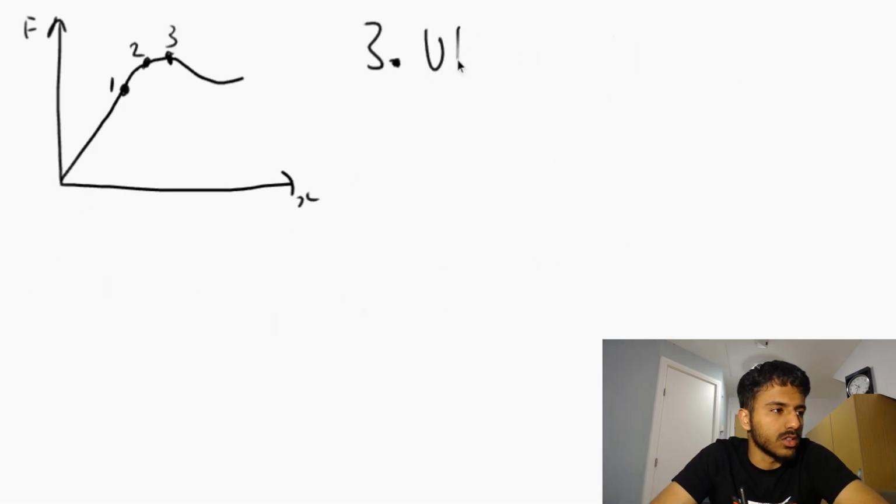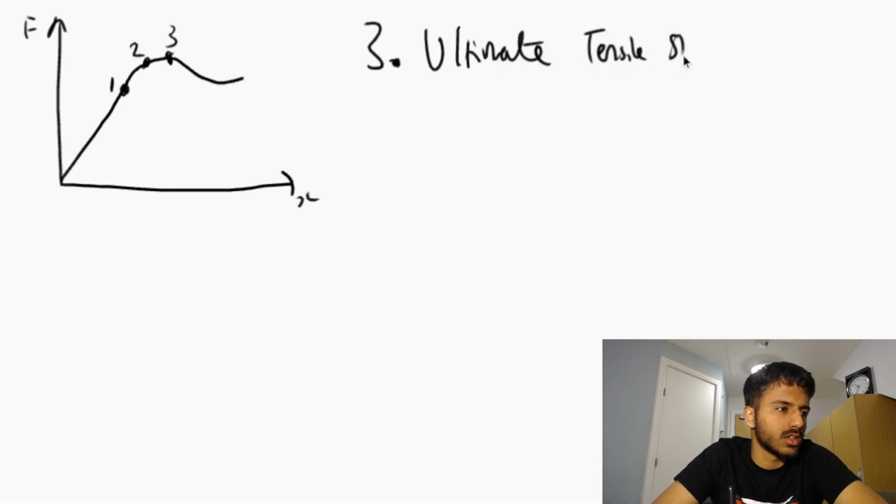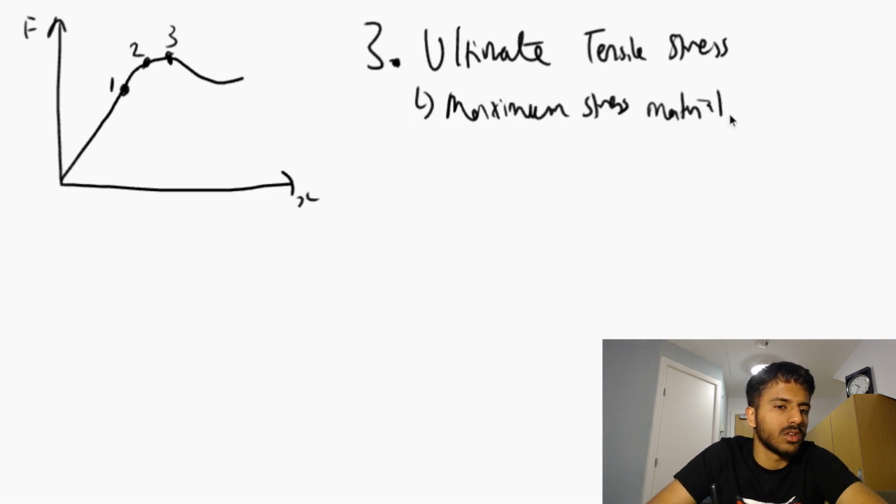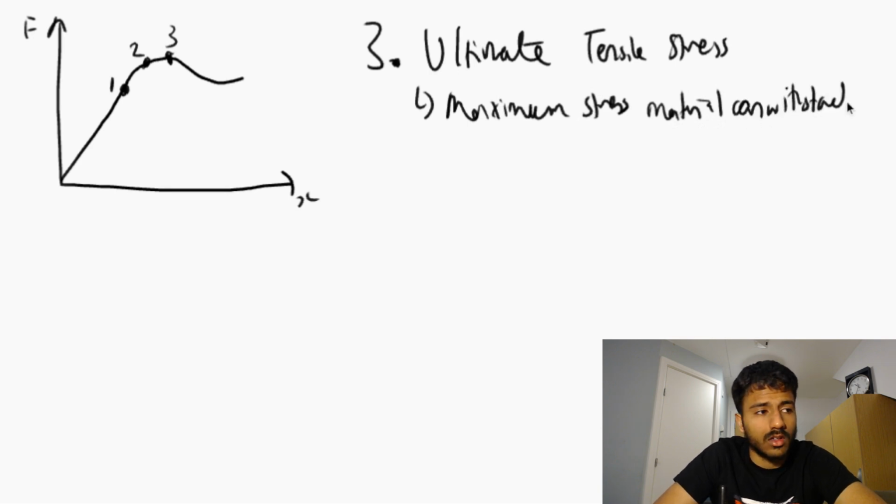Point three is your ultimate tensile stress. And this is the maximum force or maximum stress you can apply to the material, or that the material can withstand before it breaks.